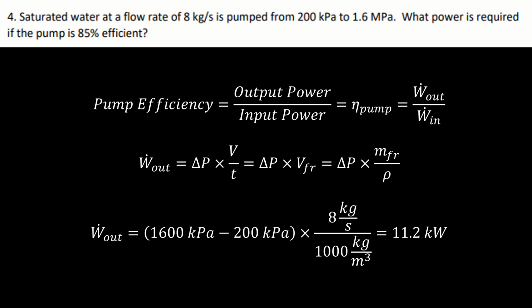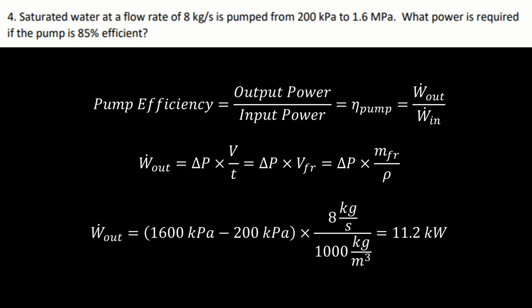In reality, it's closer to 996, I believe, kilograms per cubic meter, but you should be told specifically what density you're using, and if you're not, for water, treat it as 1,000 kilograms per cubic meter.